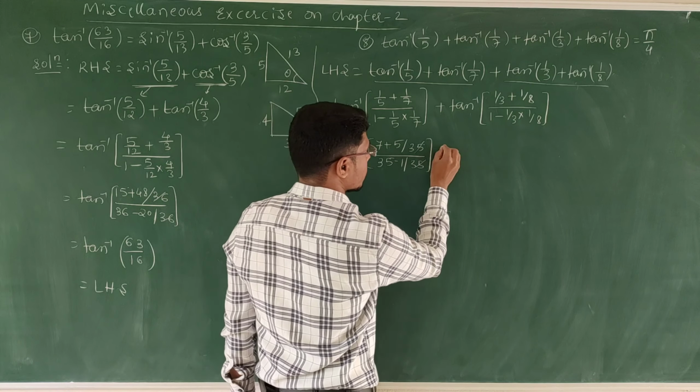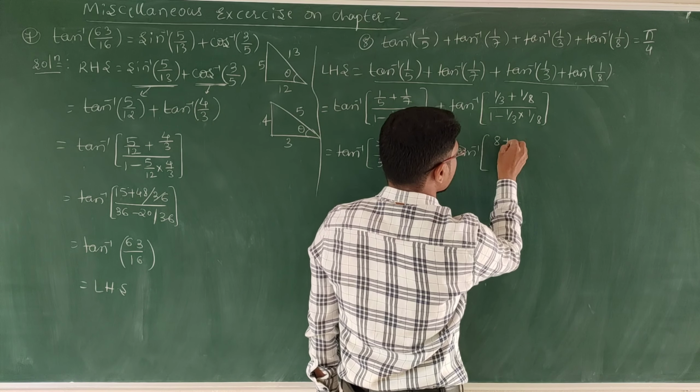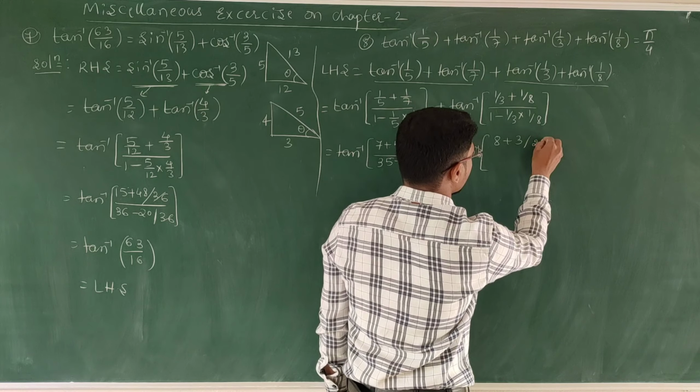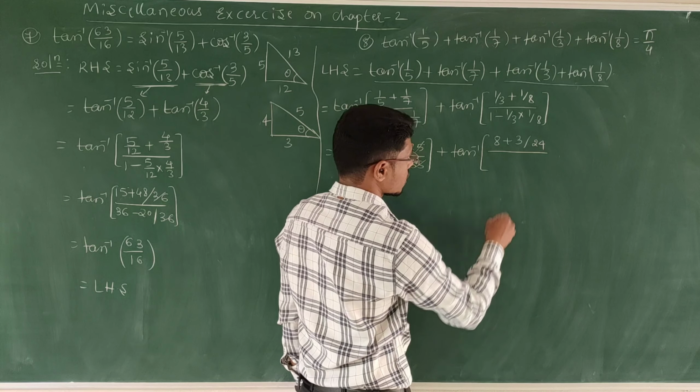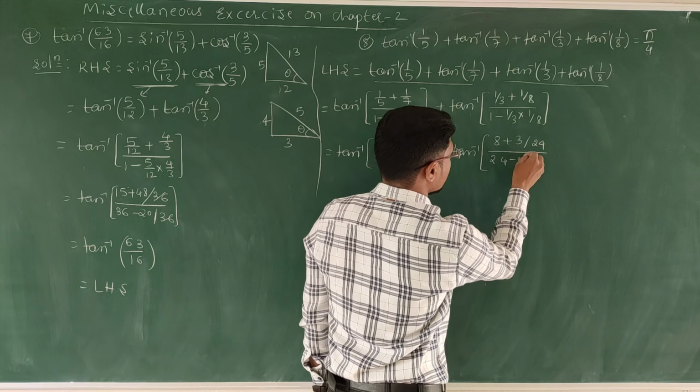Okay, tan inverse of, here the LCM, 3 into 8 is 24. So 8 plus 3 by cross multiplication, 24 divided by 24 minus 1 divided by 24, the 24 gets cancelled.